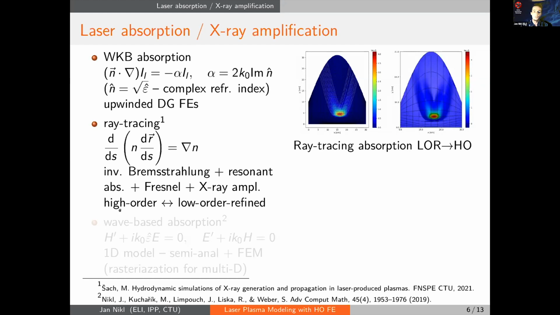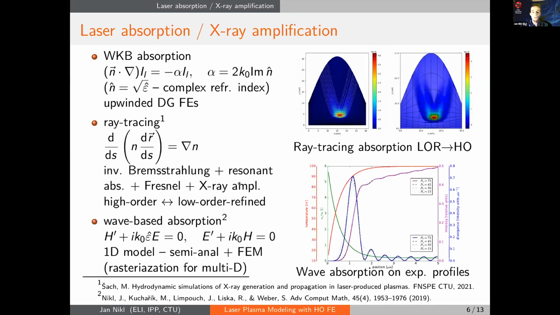But in order to accommodate it for that high order hydro, we need to do a transition from high order elements to low order refined elements like here, and then back again from that low order to high order, conserving that absorbed power.